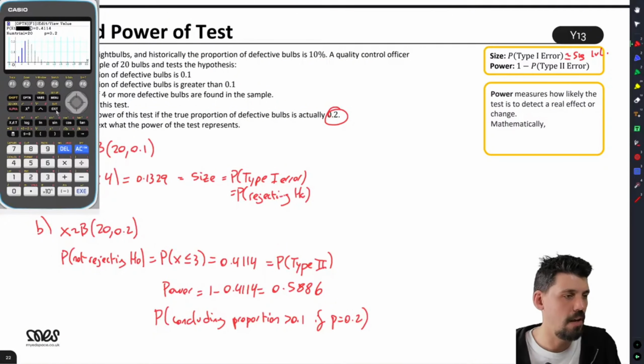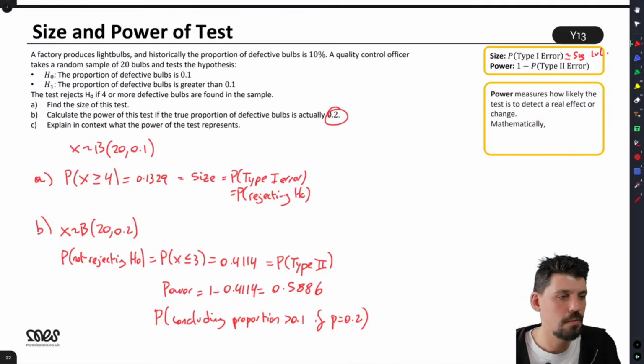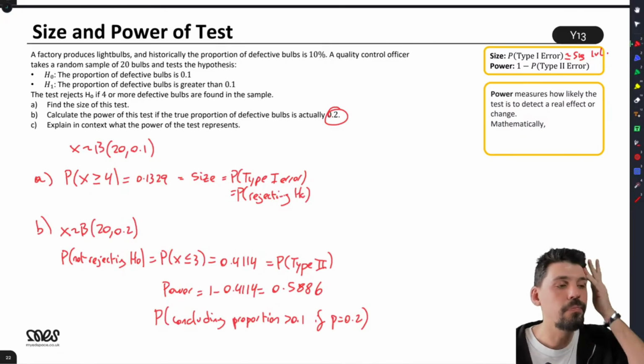Are you saying that I might have got part A wrong? Let's just go do that again. P is 0.1. We reject if 4 or more. Now I get 0.1329. Oh, apologies, gang. Thanks, Josh. Don't know how that happened.